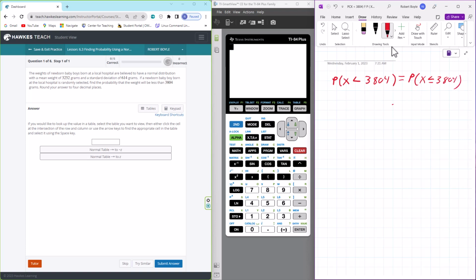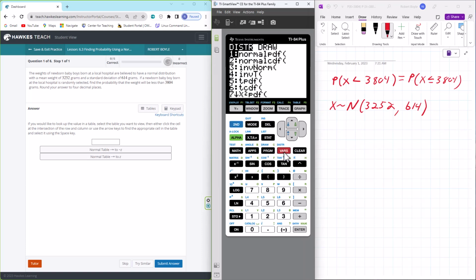In this case, x is a normal distribution with a mean of 3252 and a standard deviation of 614. We are going to use our calculator to do this one, so we go into normal CDF. You can do that by clicking second, VARS, go down to number 2.